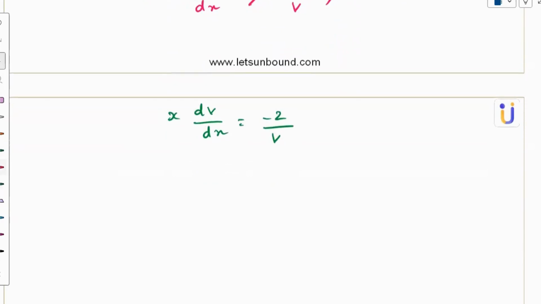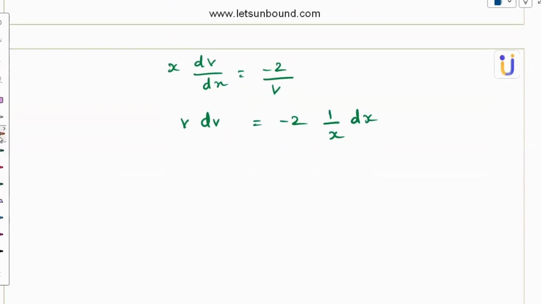Let me group v and x on one side. So v dv equals minus 2 times 1 by x dx. Let me take integration on both sides. v dv is going to be v squared by 2, equals minus 2 times 1 by x, which is ln mod x, plus the constant.